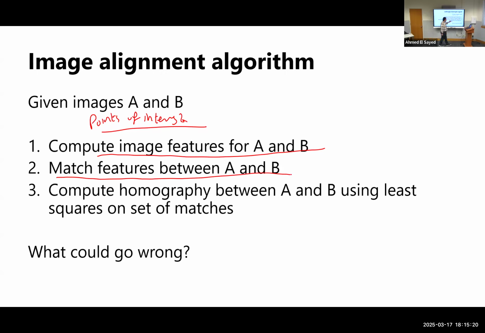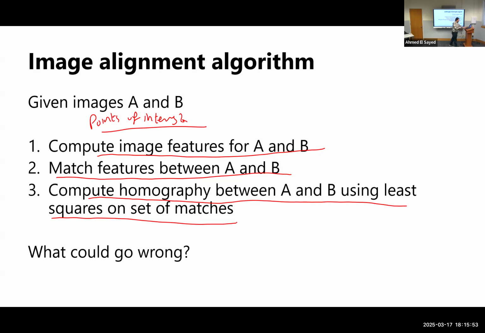After I find the match, I will decide if I will use homography or affine. If I decide to work with homography, I will use either the least squares method or the eigenvalue method, depending on the problem I'm trying to solve. Okay? Will it always go that straightforward? The answer is no. There is always a trick.